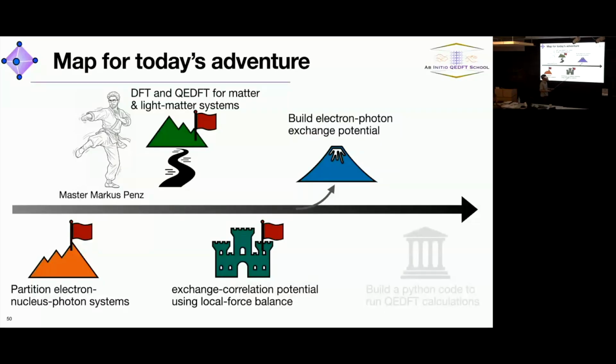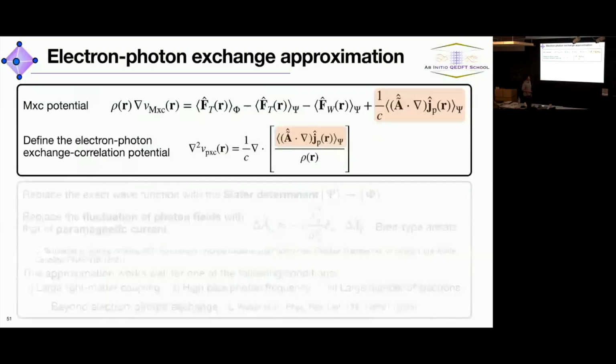Okay, so now you already see how to use the local force balance equation to construct the exchange correlation potential. Now we are going to use the approach to define the electron-photon interaction. The way we define the electron-photon exchange correlation potential is from this term.